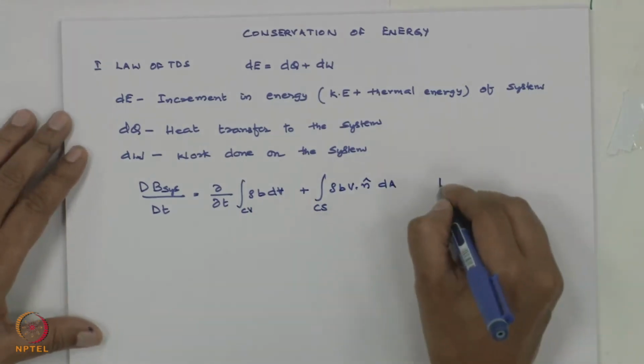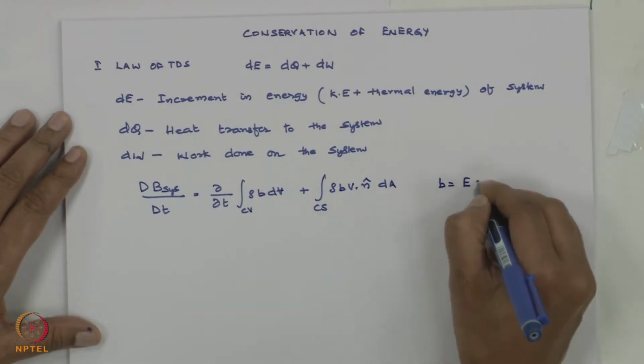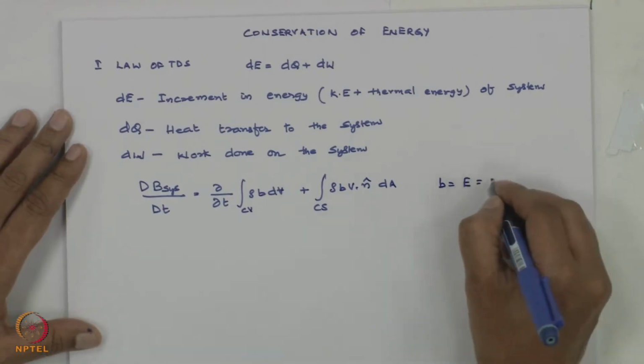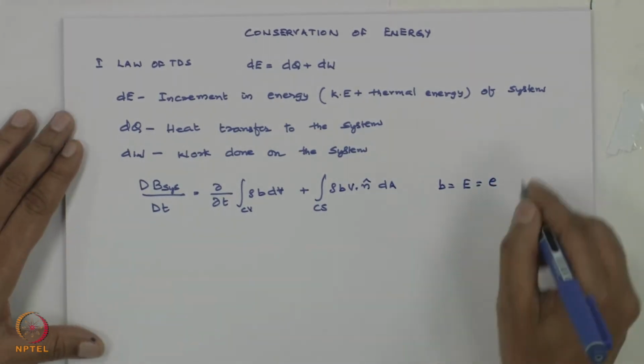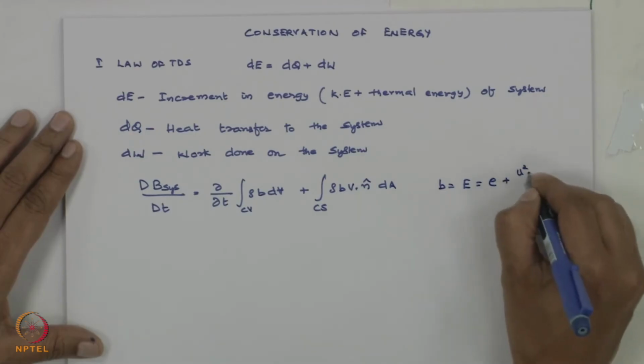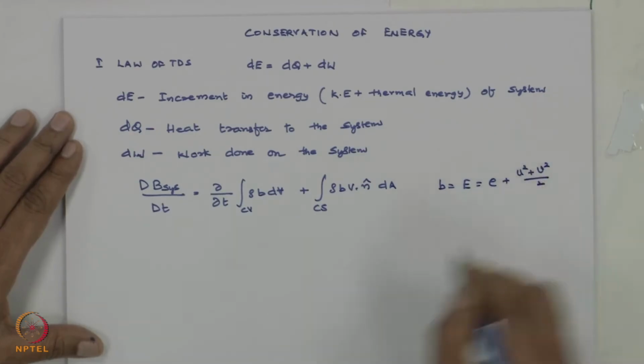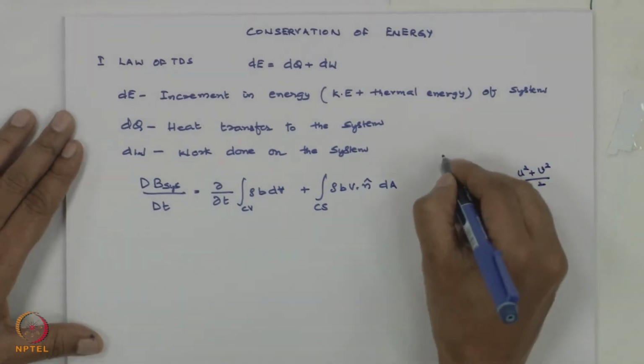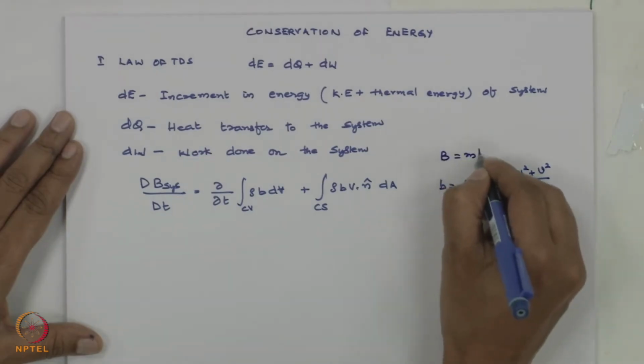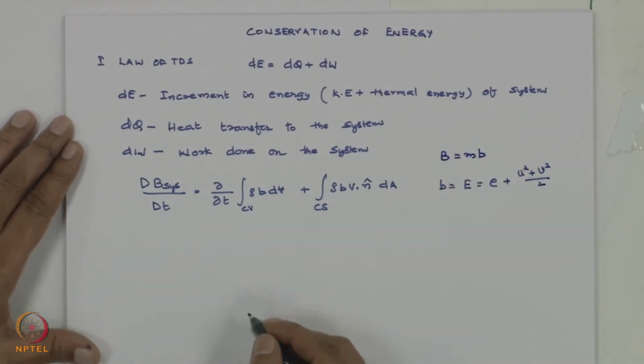What is B here? B is equal to E, which is internal energy e plus kinetic energy, u squared plus v squared by 2. And just to remind you, capital B is equal to mb.